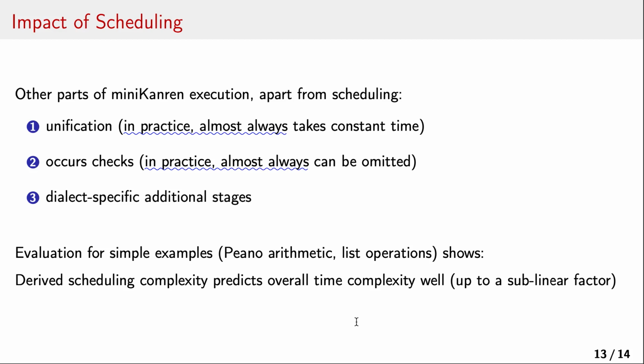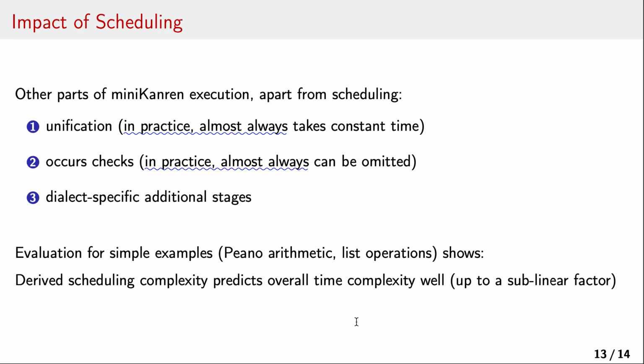Another important part is the unification algorithm, and it can take up to exponential time in the worst case, but it's well known that in practice almost always unification requires constant time. That is, if we don't take into consideration the occurs check. Occurs checks are costly in practice, but at the same time it's known that they are rarely violated, so they can be safely omitted almost always.